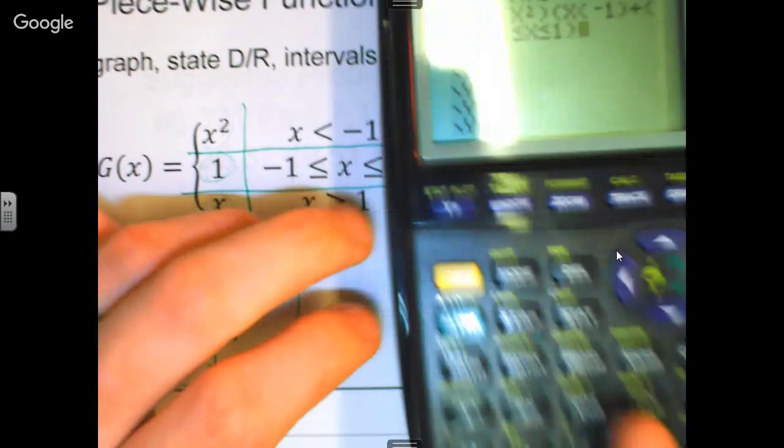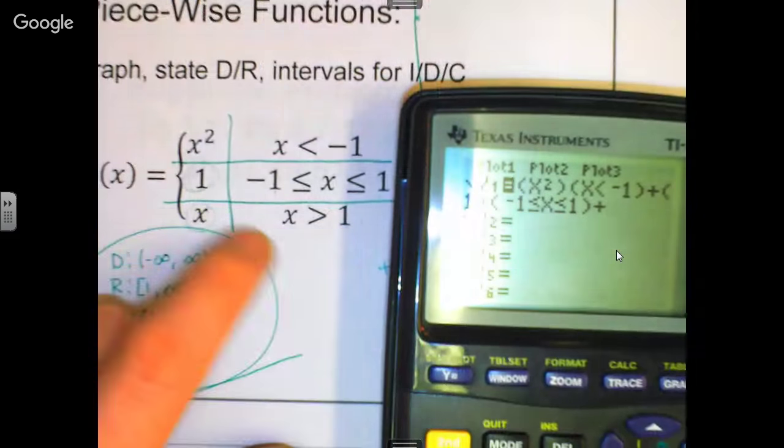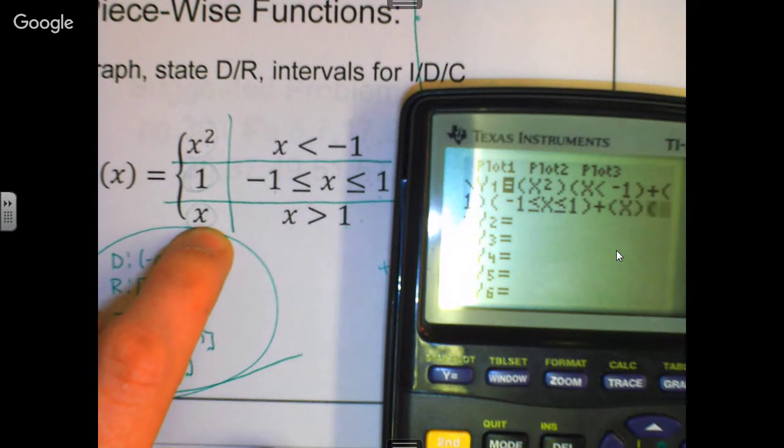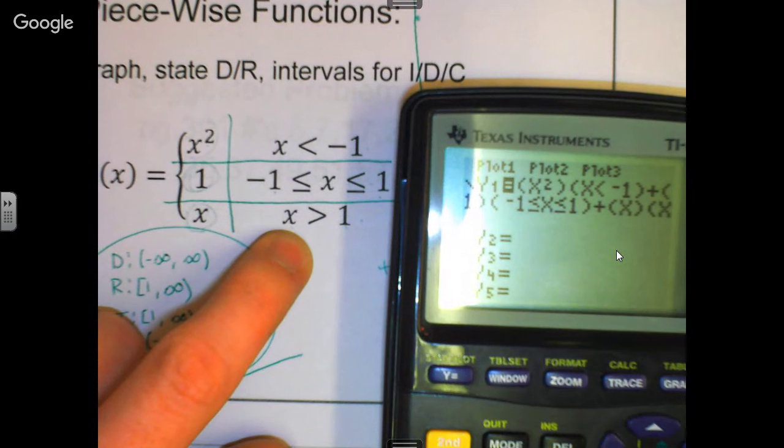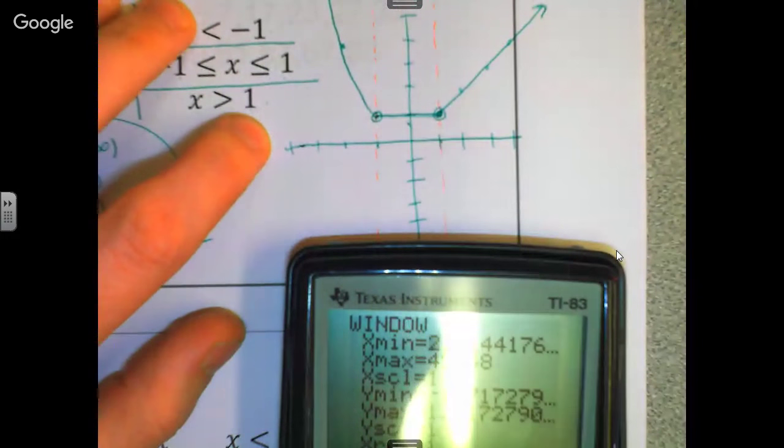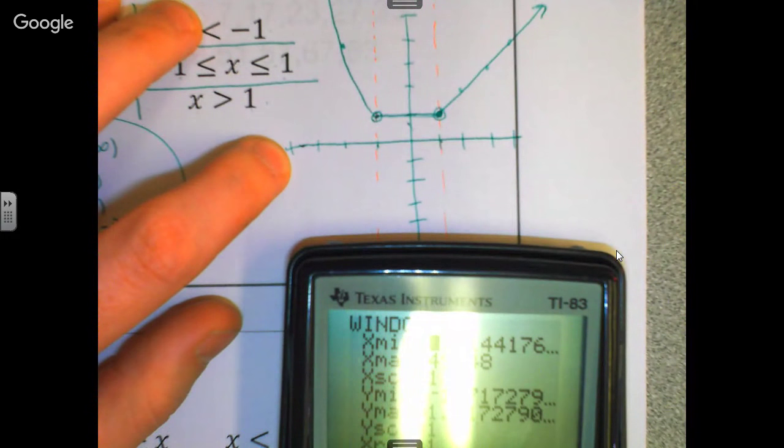Now to get these inequality symbols, I'm hitting second math to get this test. Plus x greater than 1. Okay, and we should have all of our lines on there. And if I graph it on this same kind of coordinate I have for that one, so we'll say negative 4, 4, and negative 5, 5.